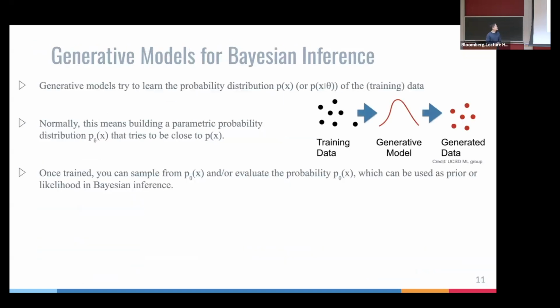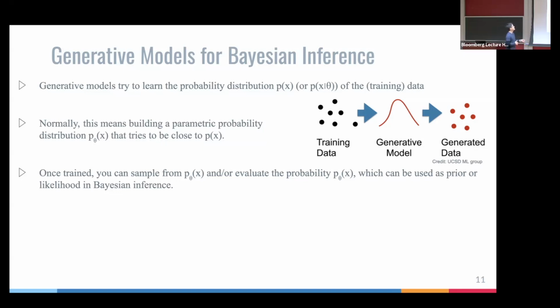Before going to the applications, I have a very brief, only one slide, introduction to generative models. Essentially, you can view generative models as a parameterized high-dimensional probability distribution. These models try to learn the probability distribution of some given training data.